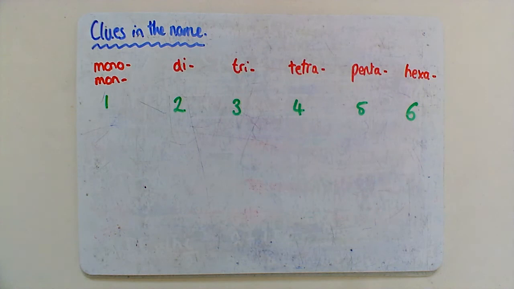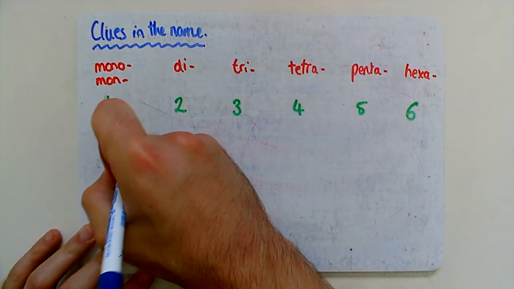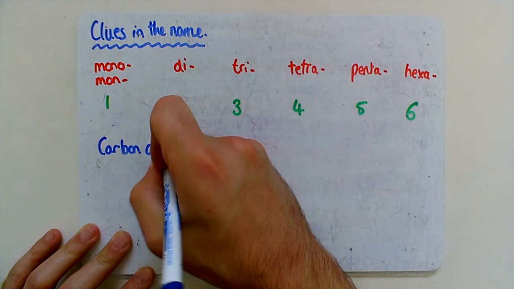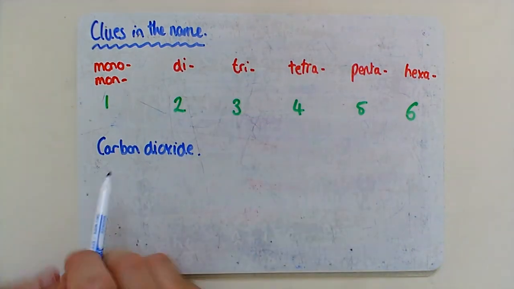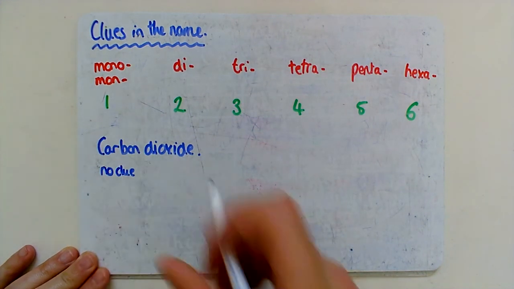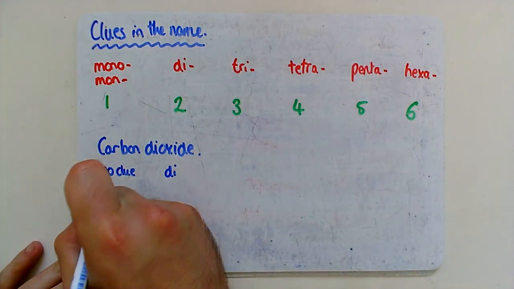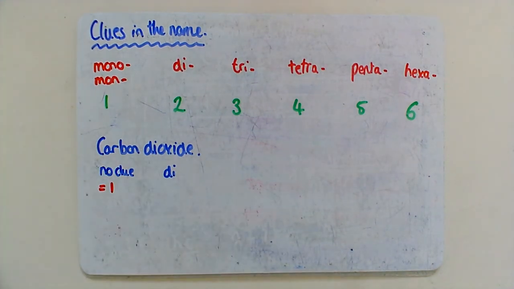Where we have this, we typically have 1 chemical that doesn't have a clue and 1 chemical that does. A good example is carbon dioxide. Carbon doesn't have a clue, and this one has di. If there's no clue, that equals 1 always. If there's no clue, there's 1 of that element.